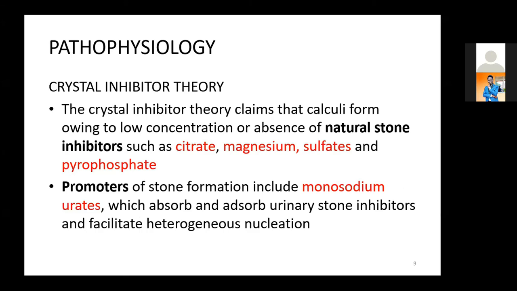Now, the other thing you need to know is that there are crystal inhibitors. The crystal inhibitor theory claims that calculi form owing to low concentration or absence of the natural stone inhibitors such as citrate, magnesium, sulfates, and pyrophosphate.